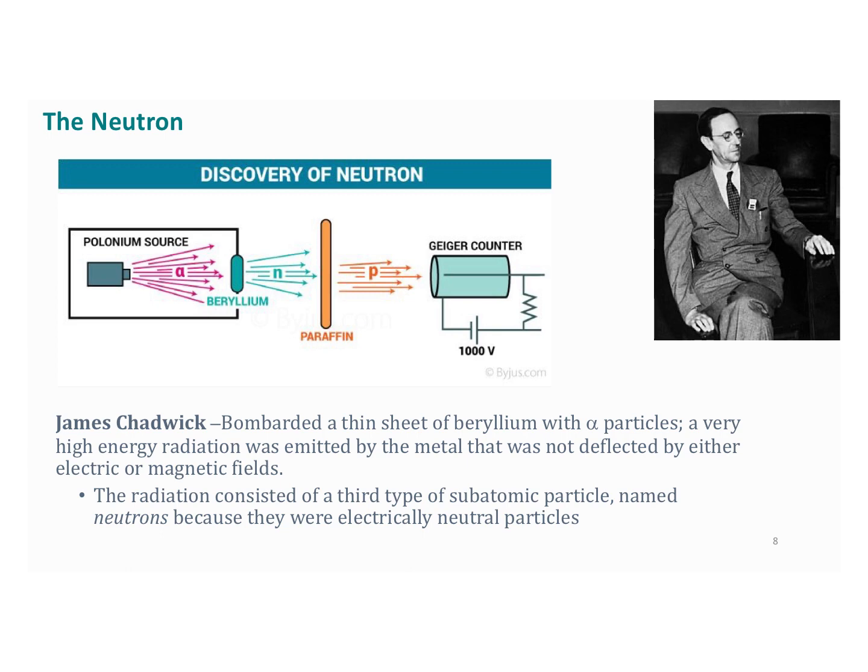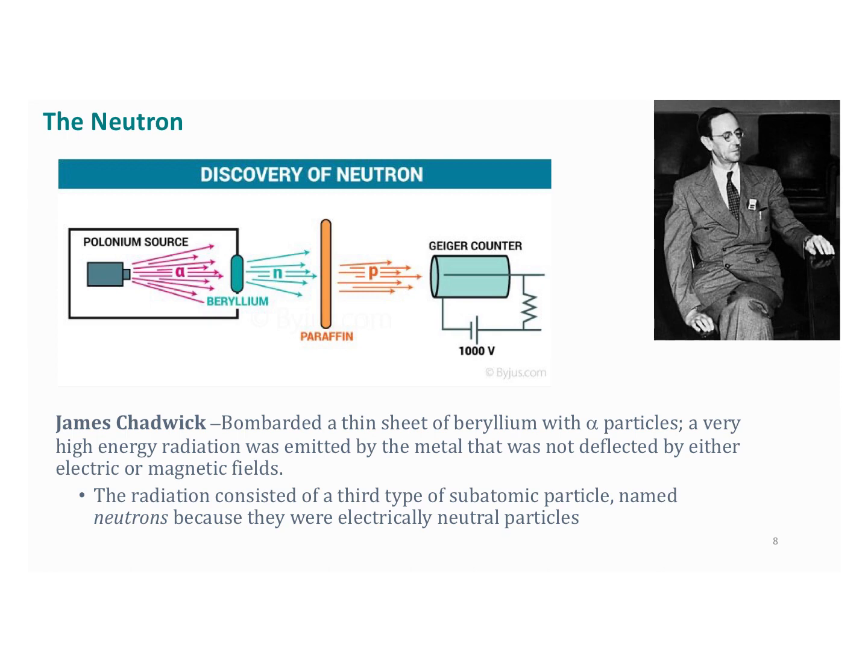Now, the other thing that we see in the nucleus of the atom is the neutron, okay? And James Chadwick, an English physicist, is the one that's kind of credited with discovering the neutron. And what he did is he took a polonium source with alpha particles and bombarded a thin sheet of beryllium, okay? And this really high energy radiation was emitted by the metal, and it was not deflected by either electric or magnetic fields.